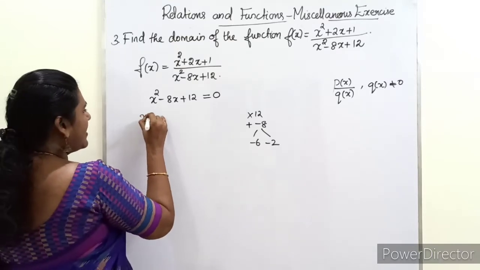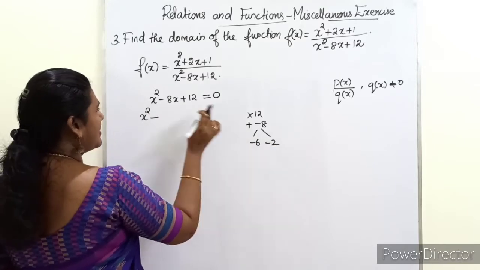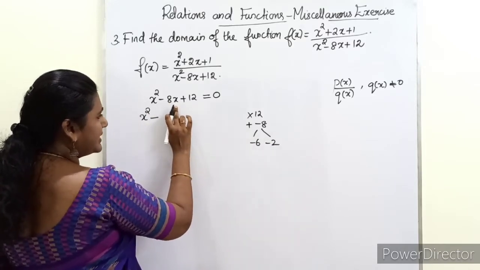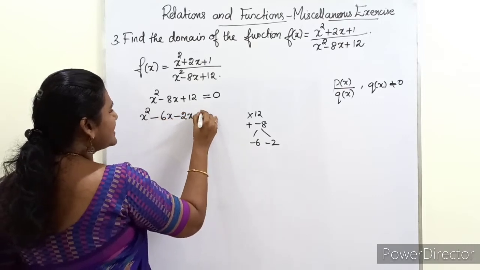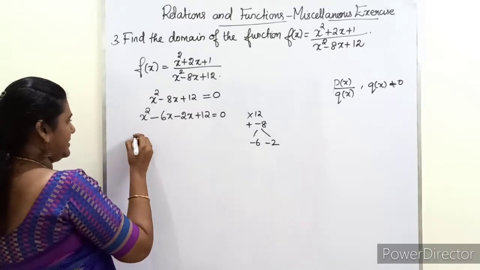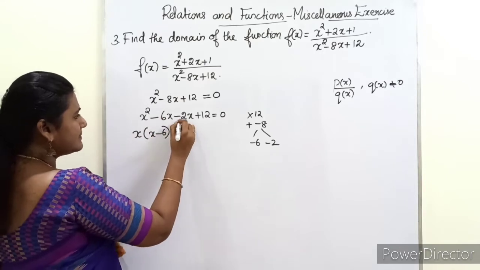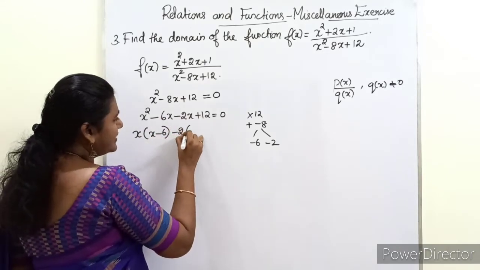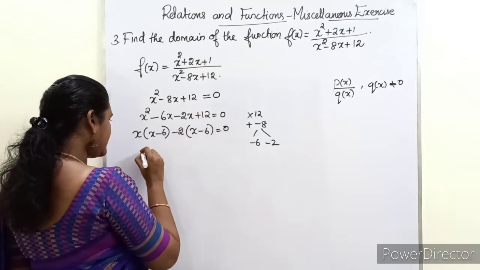So x square, we got the numbers as minus 6 and minus 2. Using these two numbers, we are going to write the middle term. That is, x square minus 6x minus 2x plus 12 is equal to 0. Now from the first two terms, we'll take x outside, so x minus 6. From the next two terms, we will take minus 2 outside, so you will get x minus 6.